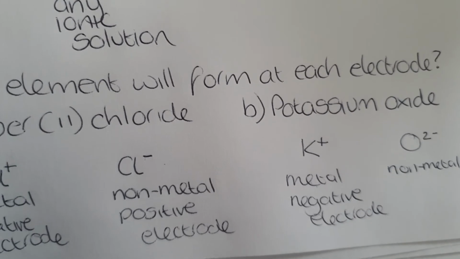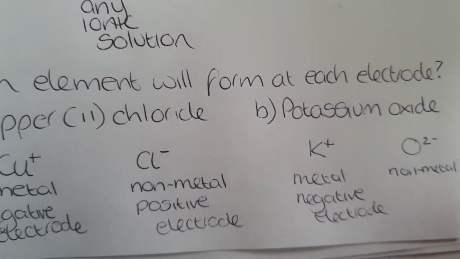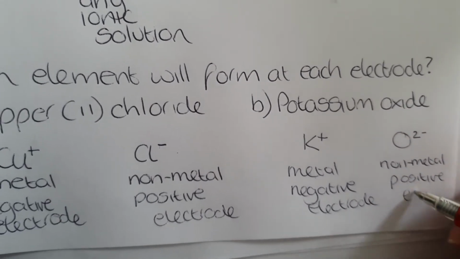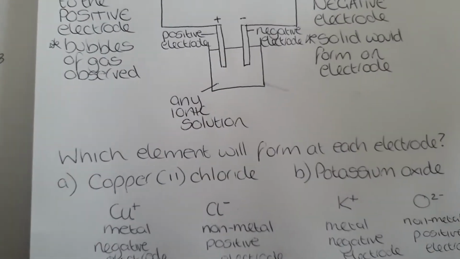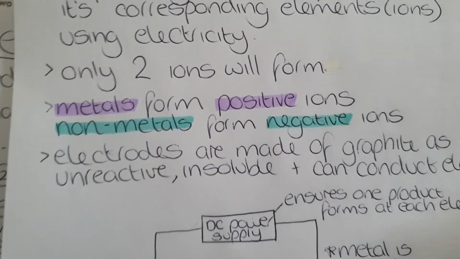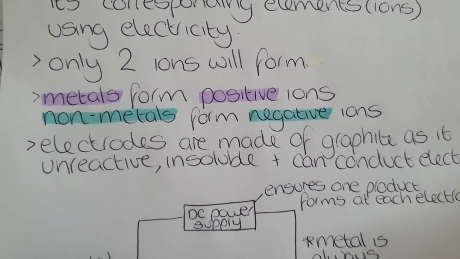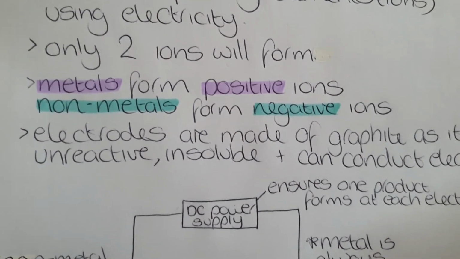But it's not asking you that just now, so it wouldn't really matter. So non-metal therefore forms at the positive electrode. As long as you can remember that metals make positive ions, non-metals make negative ions, and they are attracted to the opposite electrode, you've pretty much answered it.